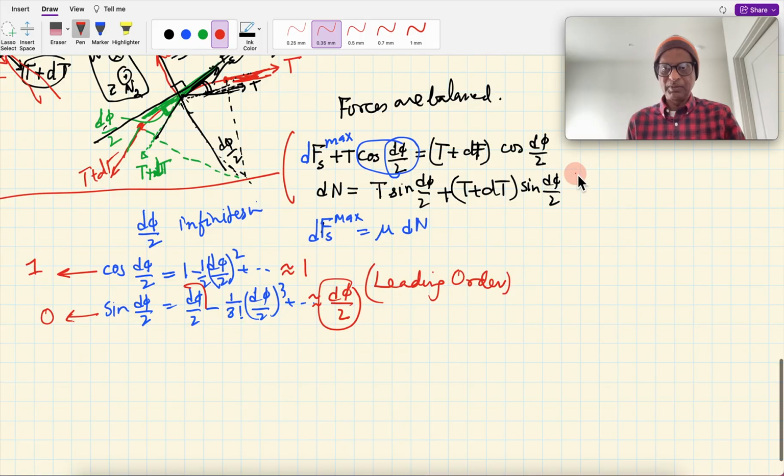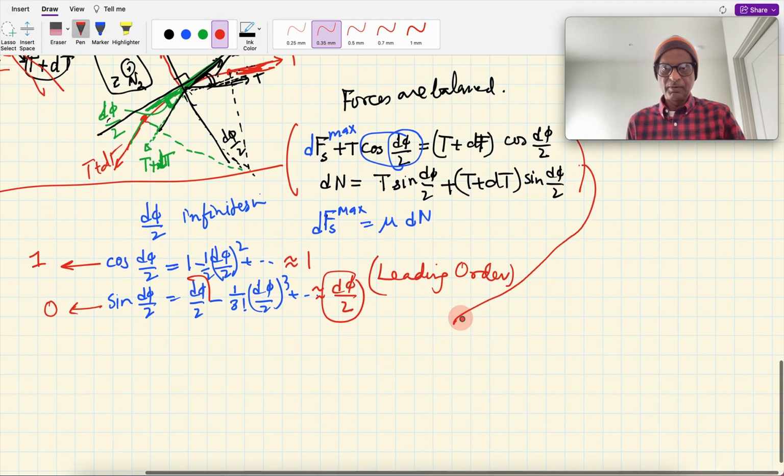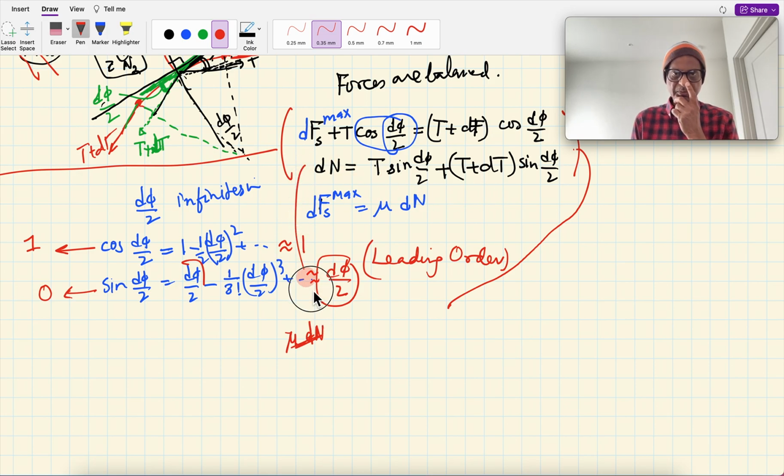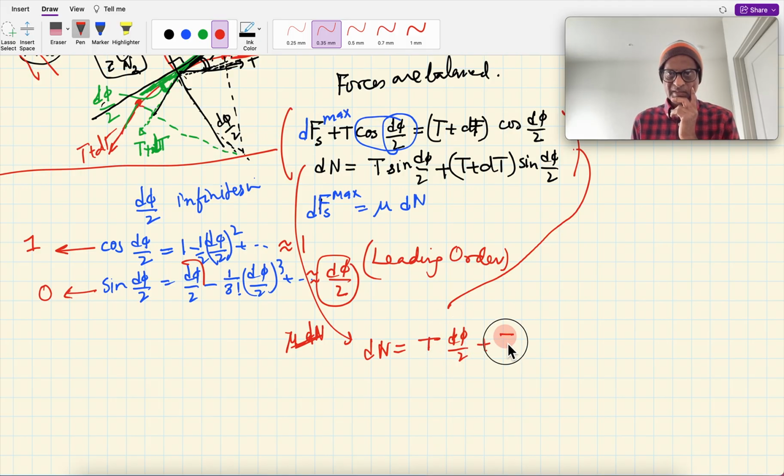Oh, let's do it over here. Okay, so we have a μ dN. Let's look at number 2 first, so get rid of the dN part. dN equals T dφ over 2 plus T dφ over 2 plus dT dφ over 2.